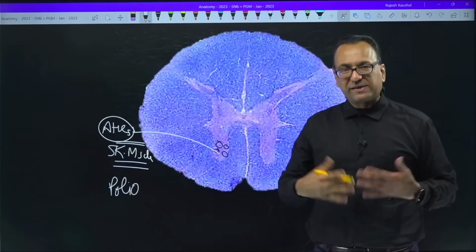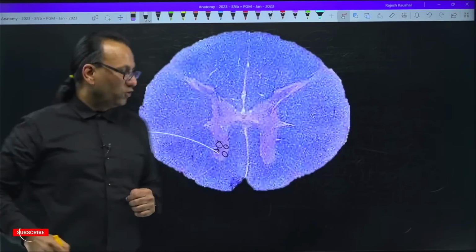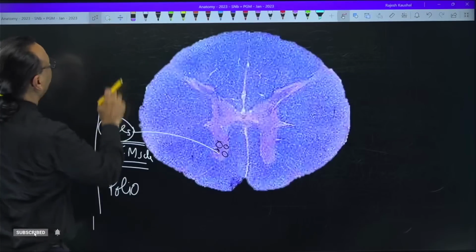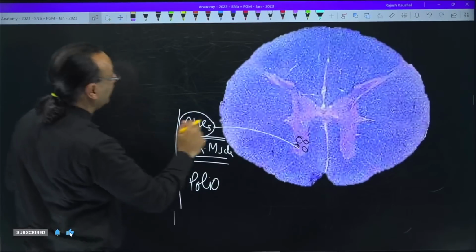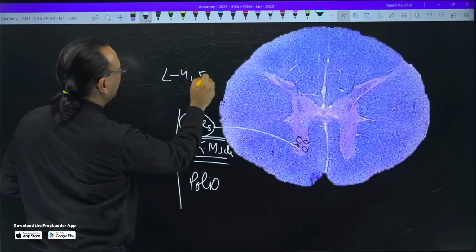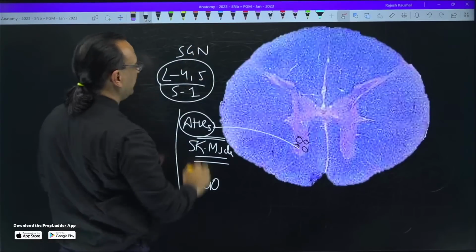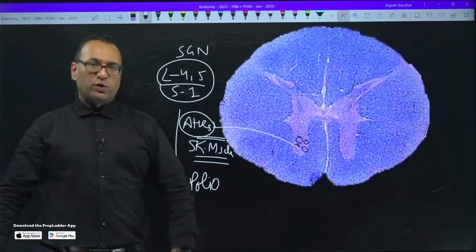What will be the presentation? Say it is the root value. L4, L5, S1, which is superior gluteal nerve, has been compromised. Lumbosacral.